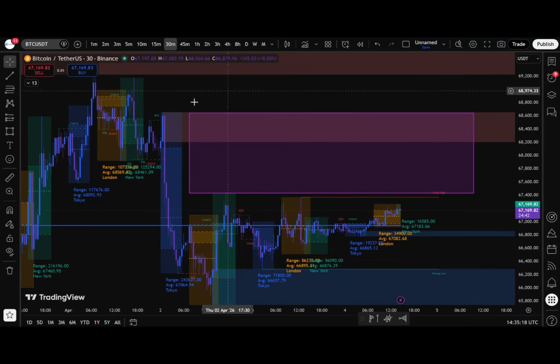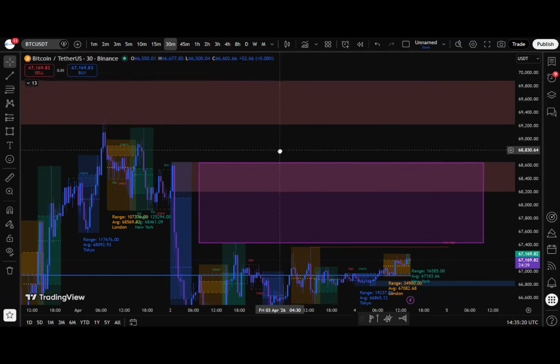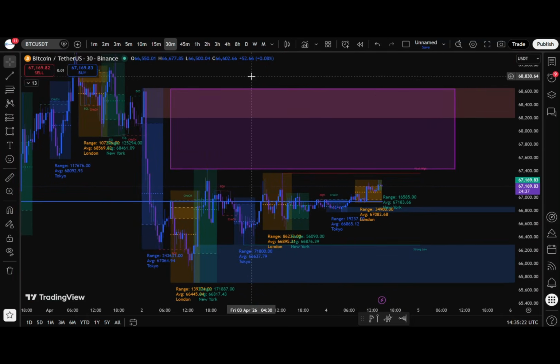We can also see an order block here as well, and one above. And we have this order block below us, which technically is the local range support. But we are above this value area high. Value area low.